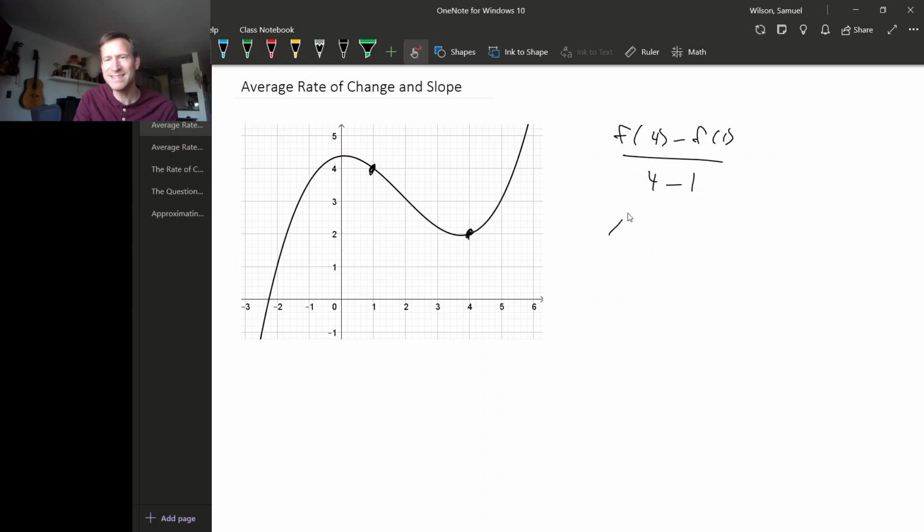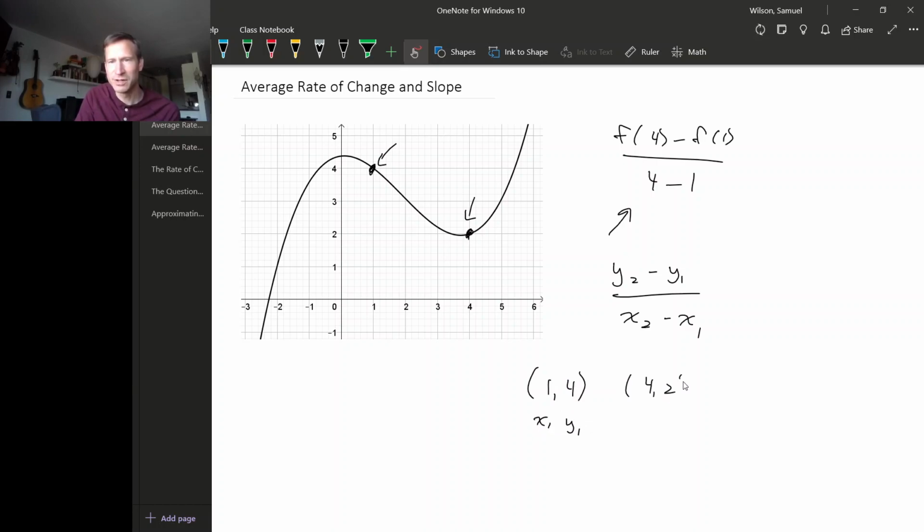But this is exactly the slope formula, y2 minus y1 over x2 minus x1, for the 2 points that we're using here. The first one was 1, 4, and that's playing the role of x1, y1. And the second point was 4, 2, and that was playing the role of x2, y2.